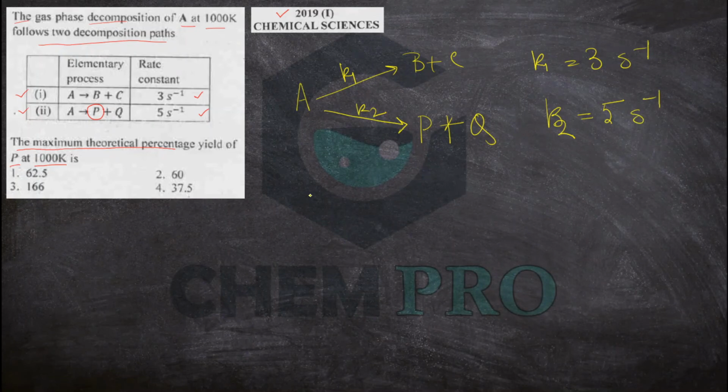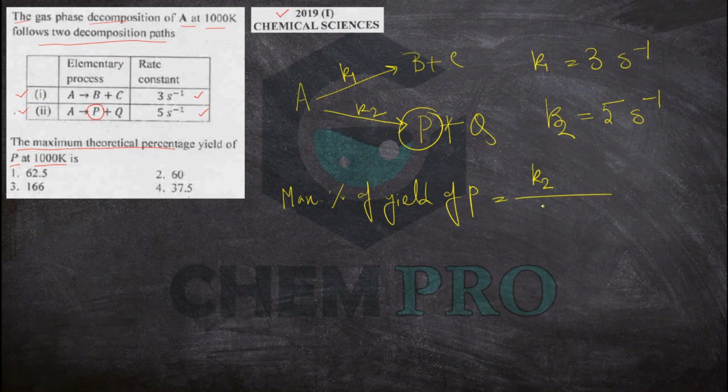So for P, the maximum percentage of yield of P will be K2 by K1 plus K2, into 100.